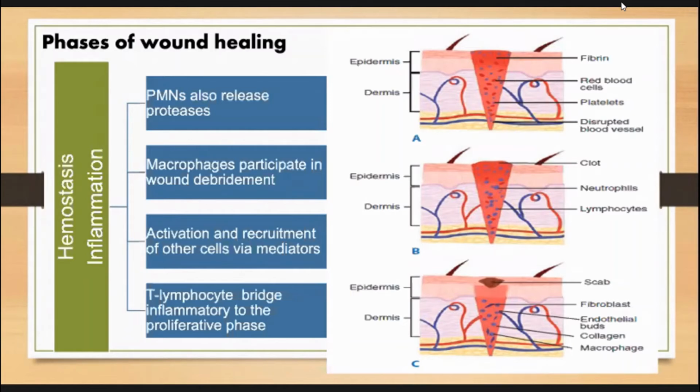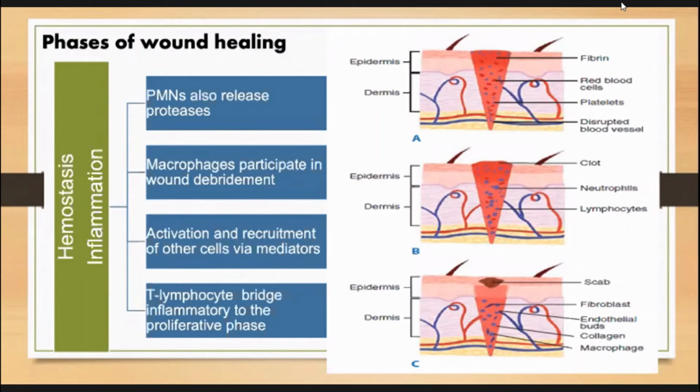Your T lymphocytes comprise another population of inflammatory or immune cells that goes to the wound after your PMNs and macrophages. Although they're less numerous than macrophages, T lymphocyte numbers peak at about 1 week post-injury, right?